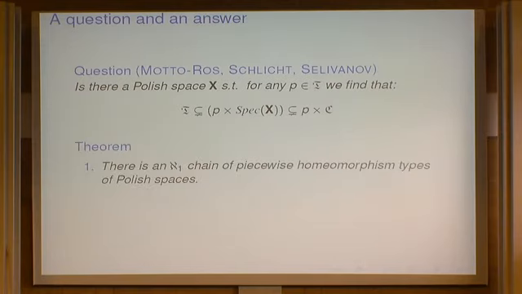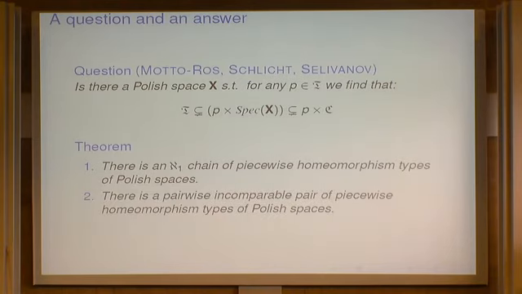Well, there isn't just one, there are actually quite a lot of them, and we can both make a chain, and we can also have incomparable ones. I will not mention how to prove part 2 at all. I'm going to show you an explicit construction of one example for the first, and then wave my hands a little bit to argue how one can generalize that to get more of them.